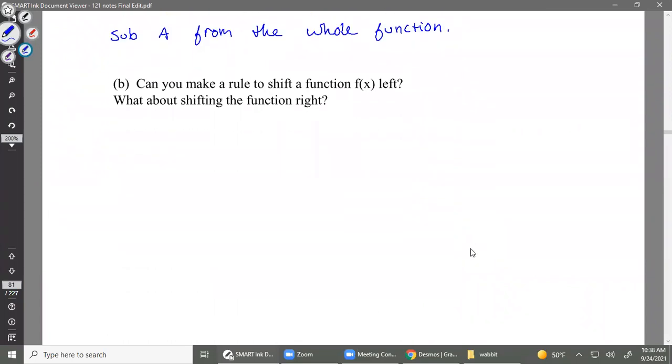Part B, can you make a rule to shift the function left? What about shifting the function right? If I'm moving the function left, it's going to be f of x plus a, which shifts left a units.